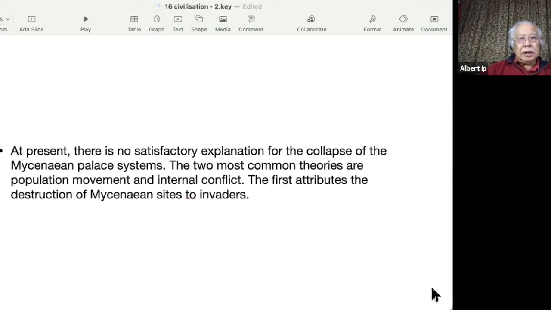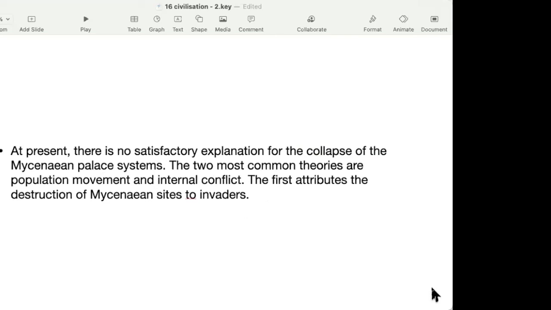At present, there's no satisfactory explanation for the collapse of the palace system. The two most common theories are population movement and internal conflict. The first attributes the destruction to invaders.